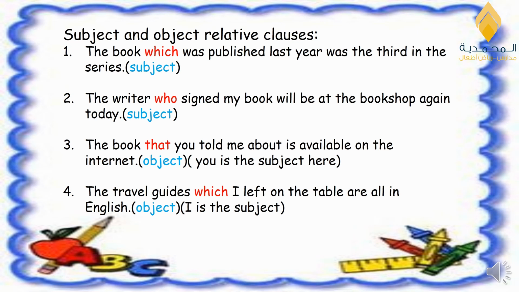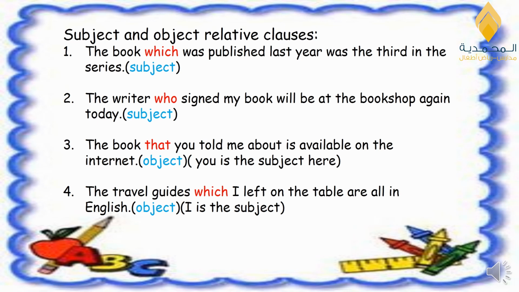This whole clause is considered as an object relative clause because you is the subject here in this sentence. Okay, you told me about the book, so the book here is the object. So this clause refers to what? To the book, so it is also an object relative clause.